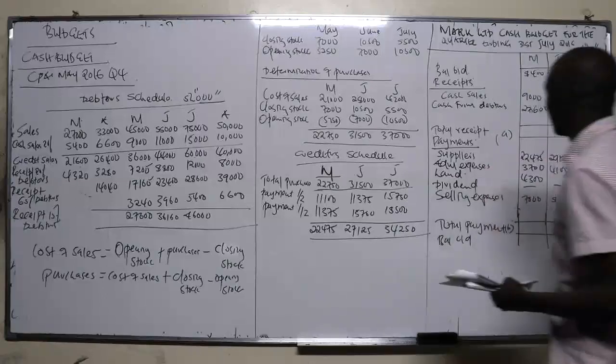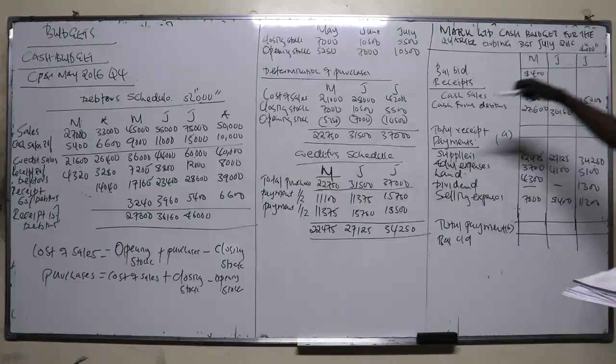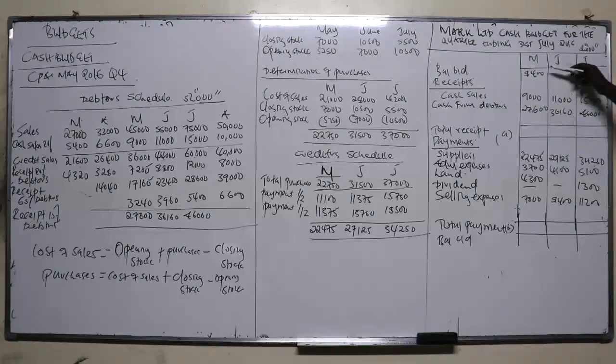Another thing we have been told is that their closing balance must be at least 8,400. If it is less than 8,400, they borrow. So we're going to check first before we conclude. We add all the receipts and check the ending balance, whether it is the minimum 8,400 or less. If it is less, we borrow the difference to make it 8,400.